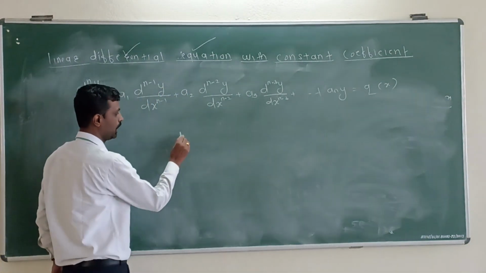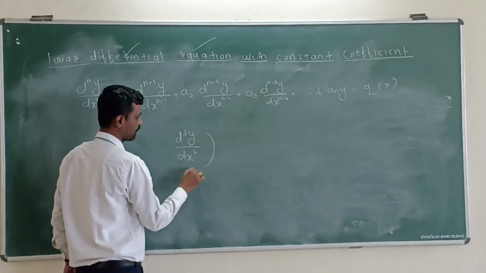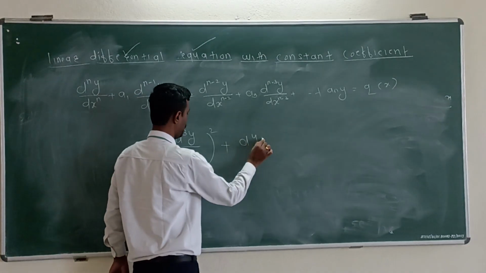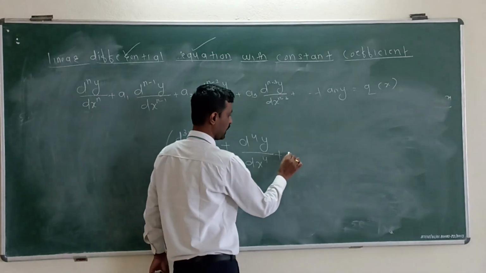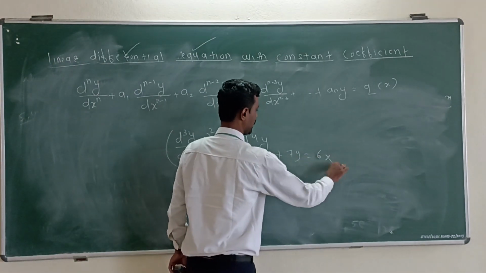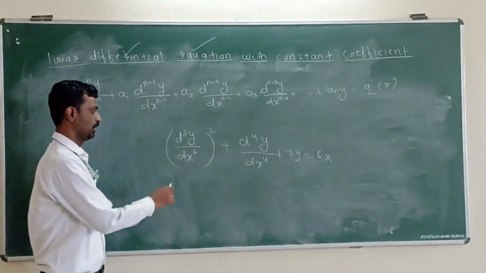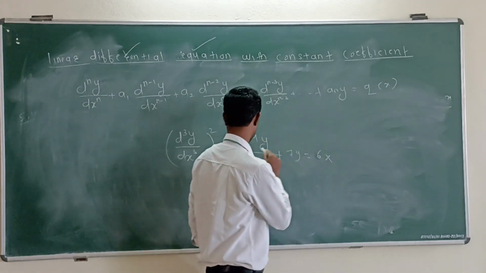So now next, d to the power 3 y by dx to the power 3, plus d to the power 4 y by dx to the power 4, plus 7y is equal to 6x. This equation contains a total of 4 terms: first term, second term, third term, fourth term.